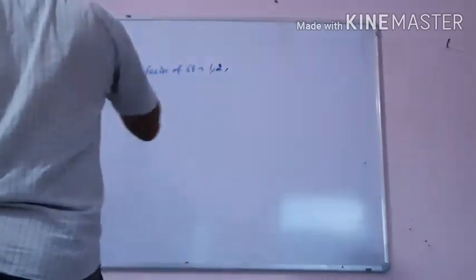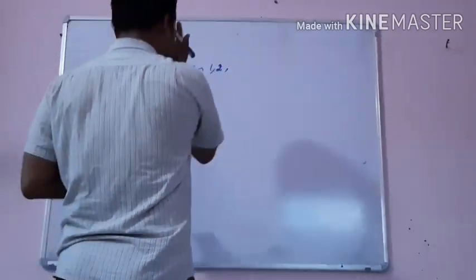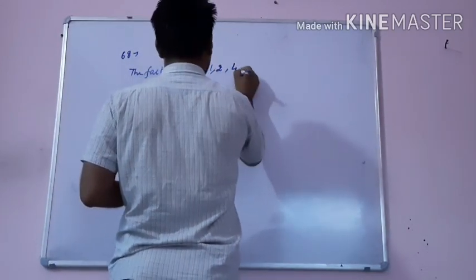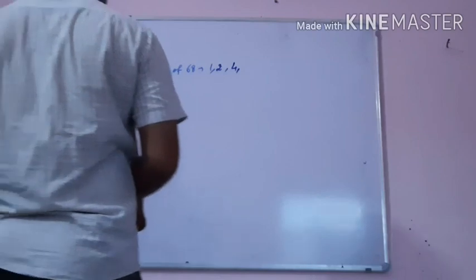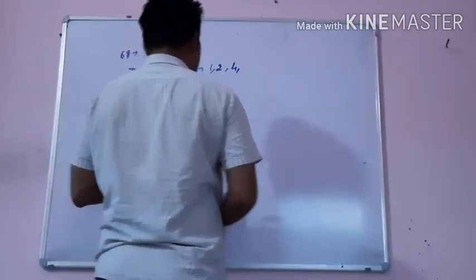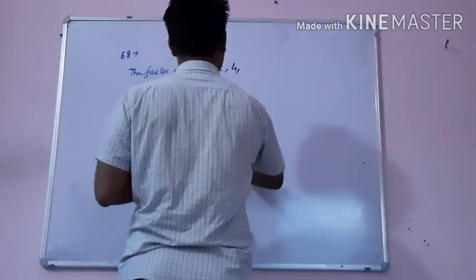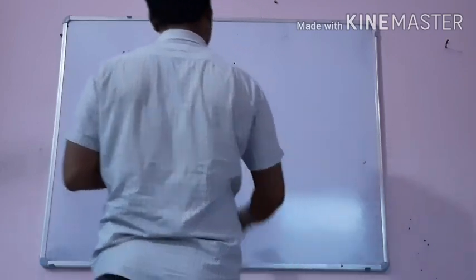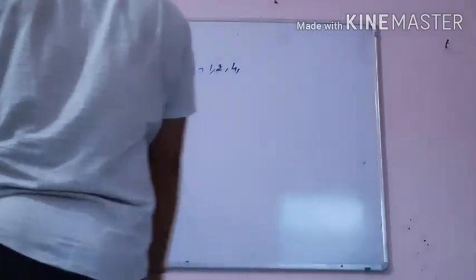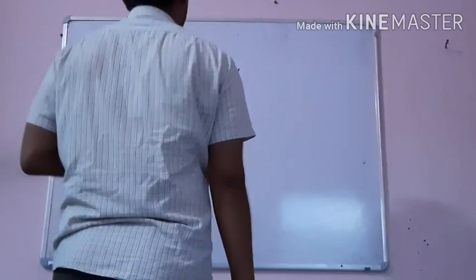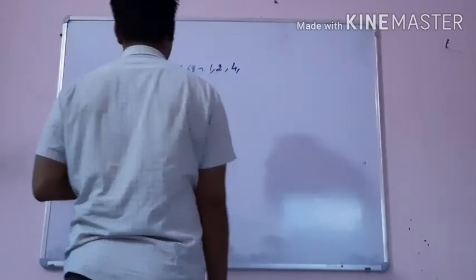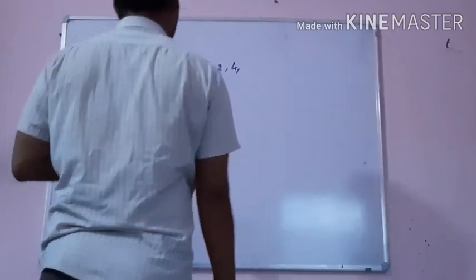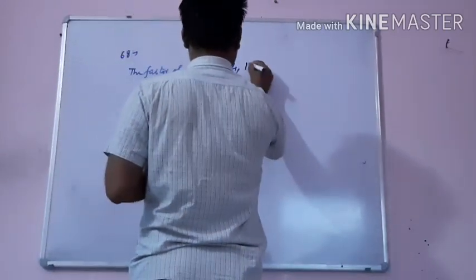Again it is divisible by 4, so it will be 4. It is not divisible by 5, 6, 7, 8, 9, or 10. It is divisible by 17.